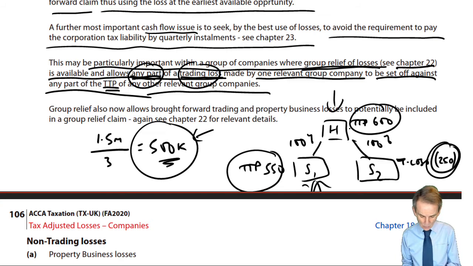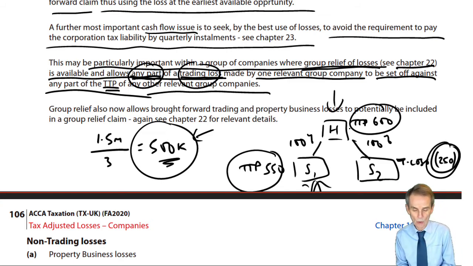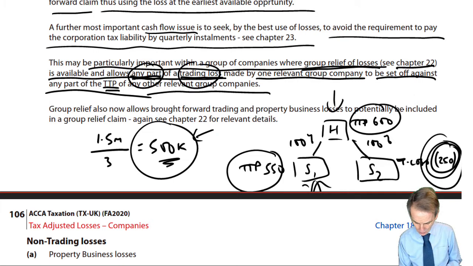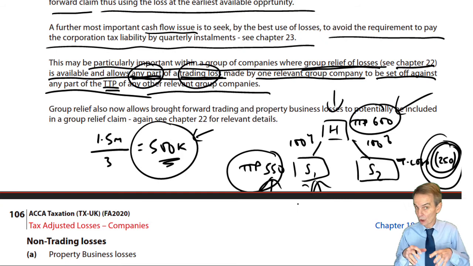And even if we weren't large in the previous period, and therefore there were no quarterly instalment payments for this period, if by the use of this loss we can reduce that 600 down to at least 500, that 550 down to at least 500, then if you're not large this period, it doesn't matter if you're large next period, you're not going to have to make quarterly instalment payments.